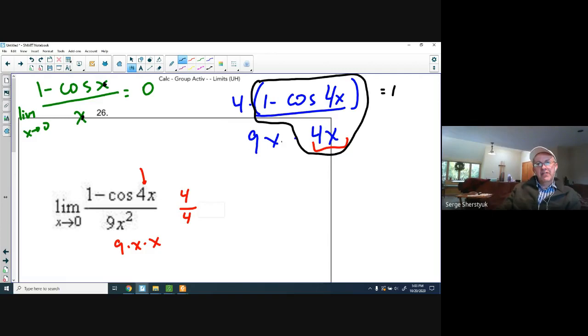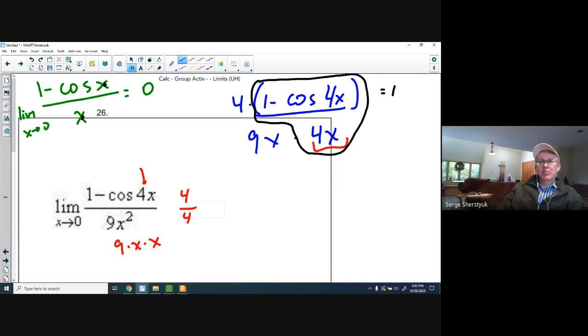Now, I don't like the fact that there's an x here, but I don't think I can do anything with that. When I plug 0 in, that's going to make it undefined. Here's the problem.